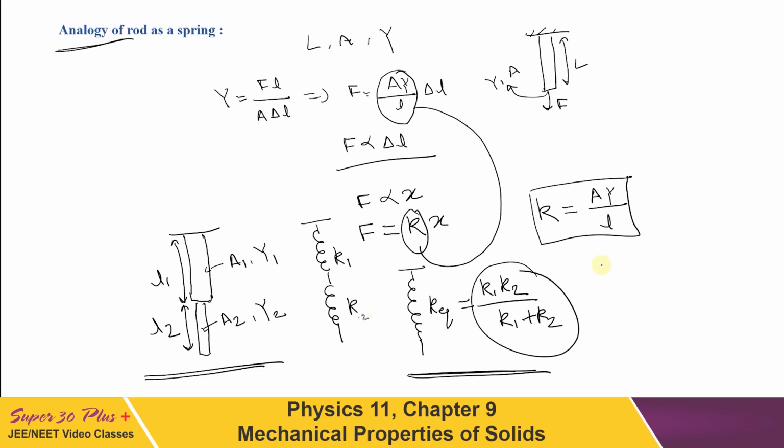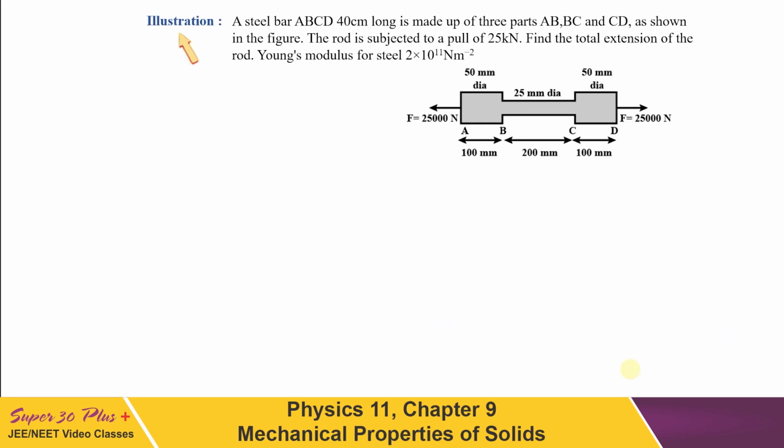Of course, we have to write K1 equal to A1 Y1 upon L1 and K2 equal to A2 Y2 upon L2. Then we can replace this whole combination with a single spring having this spring constant, and then solve our numerical.